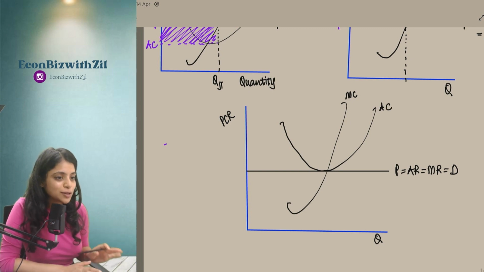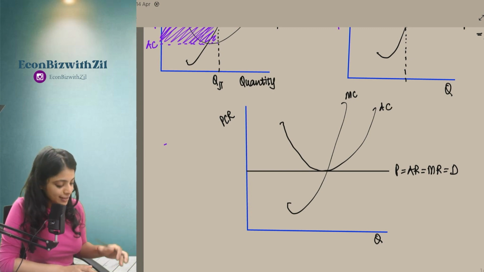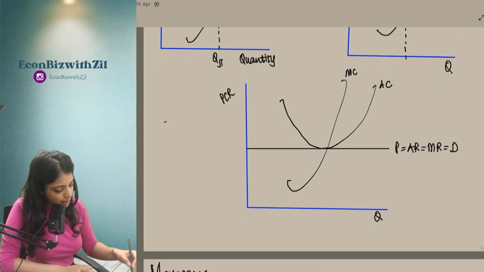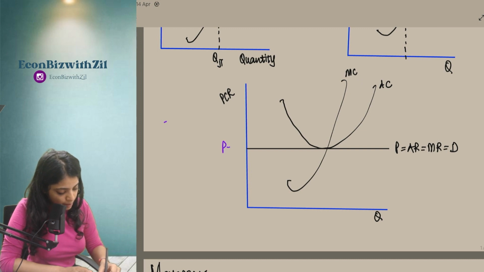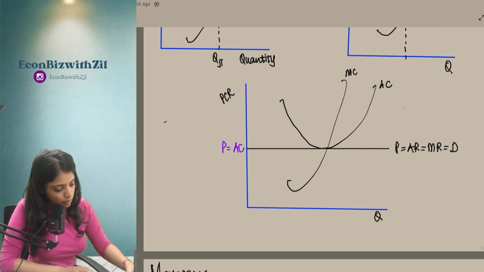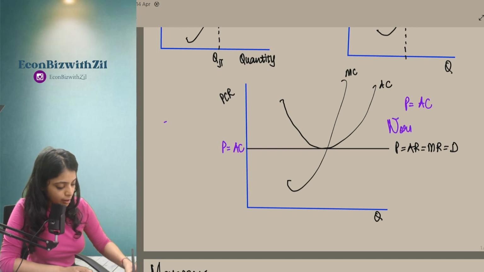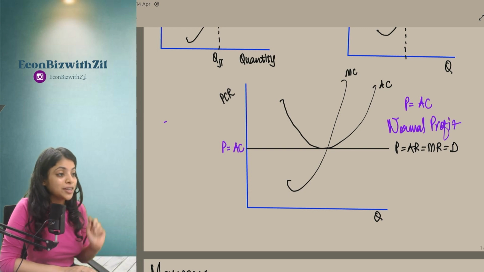Please make sure it's much neater. This is my MC and AC. What I see is my P and my AC both are here. So P equals AC, thereby this is nothing but my normal profit. With this, we're done with your diagrams for perfect competition.